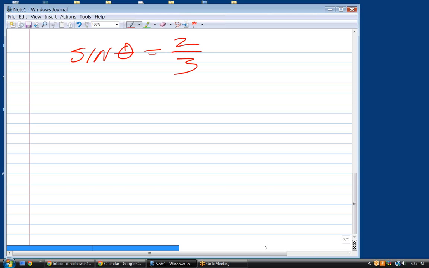They give you the value of one trig function, and usually they tell you which quadrant it's in, and then they want all 6 trig functions of that angle. And the solution is always exactly the same, and it doesn't matter that we're stuck in the first quadrant for now. You haven't gotten to the second, third, and fourth quadrant yet. Doesn't matter, the solution's always going to be the same.